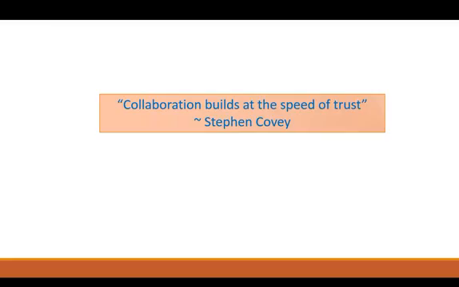So as you're setting the stage for dialogue, as you may be embarking on your own collaborative efforts, whether it falls within the collective impact model or not, to really build collaboration, to set that stage, you need to ensure that a focus of trust is present throughout, and that with each stage you're being open, honest, and acting in a way that is going to build and maintain trust.